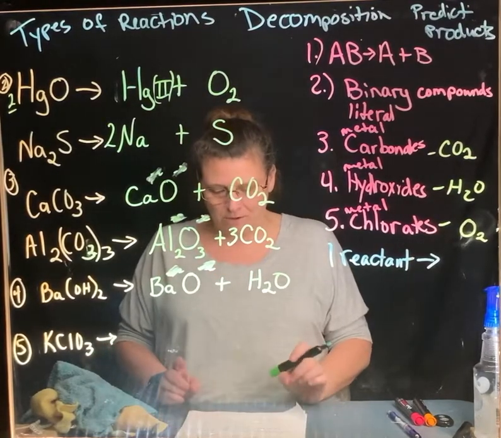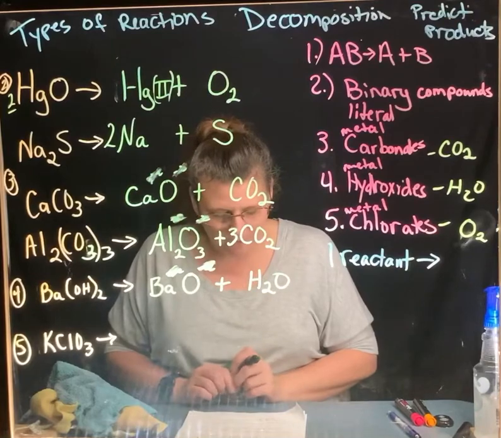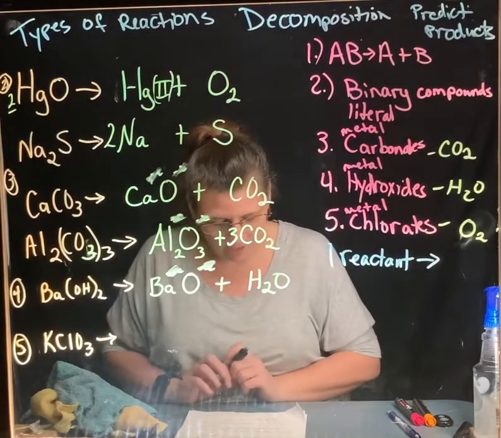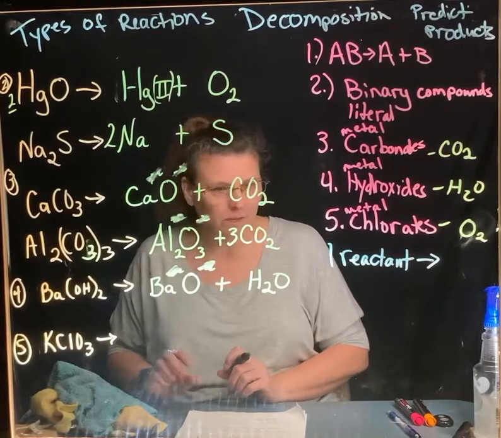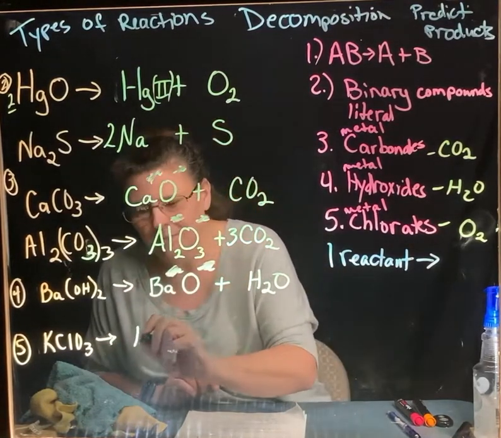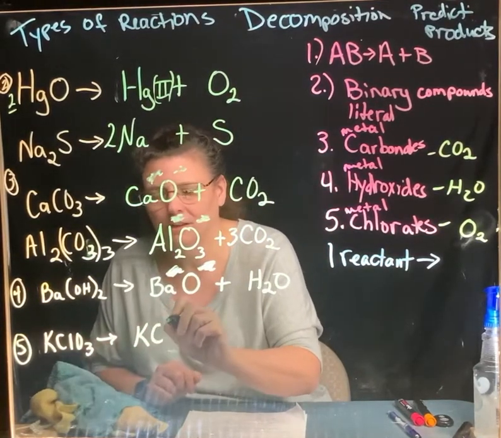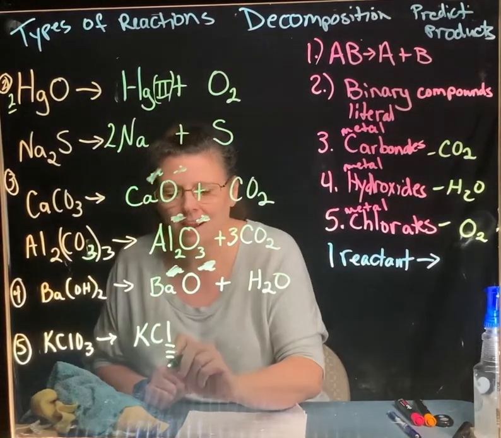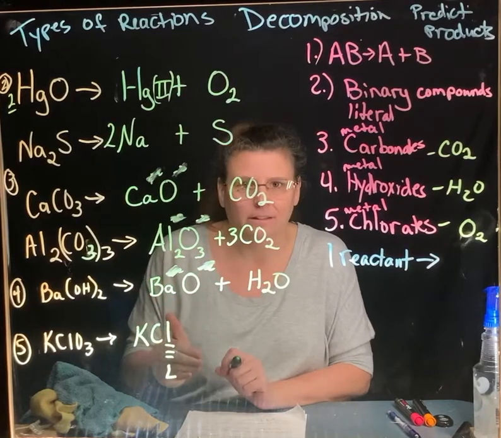Okay, so metal chlorates will change to a metal chloride. And remember, IDE stands for, you're going to the periodic table, plus an oxygen. So you take your metal out and you take your chlorine out. By the way, everybody keeps wanting to say this is an I. It is actually an L, a lowercase l. KCl.